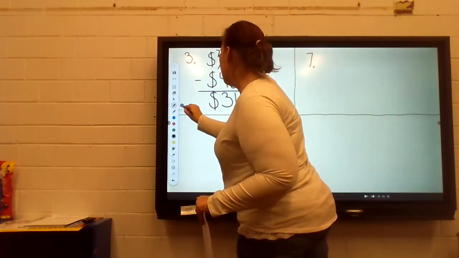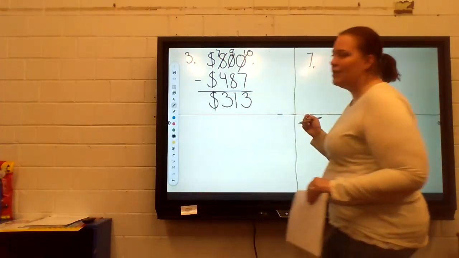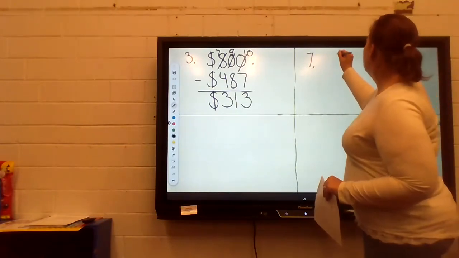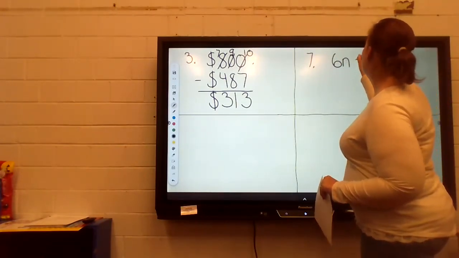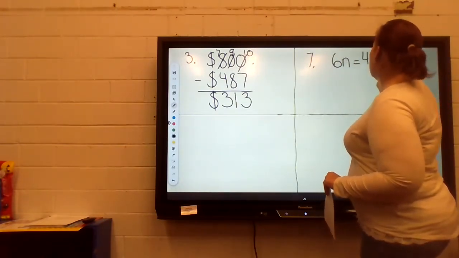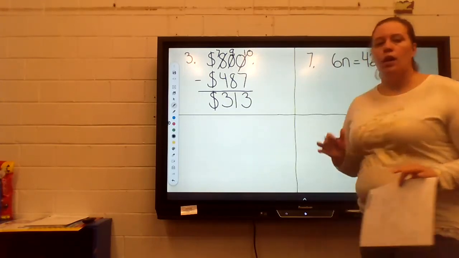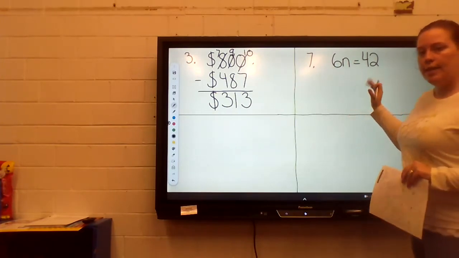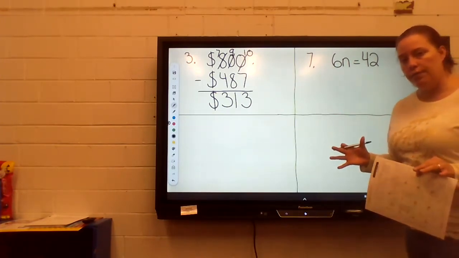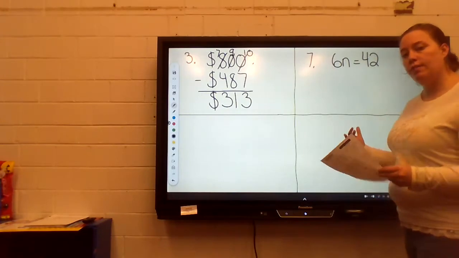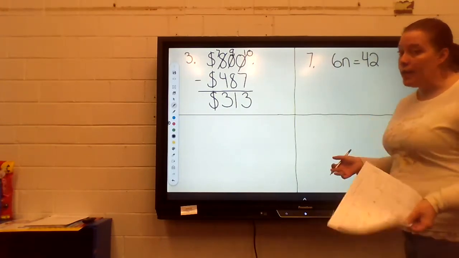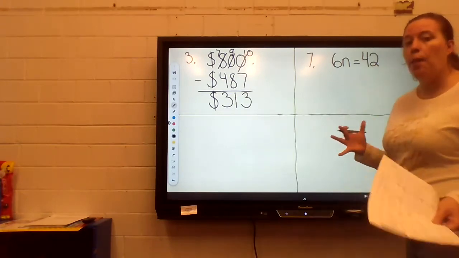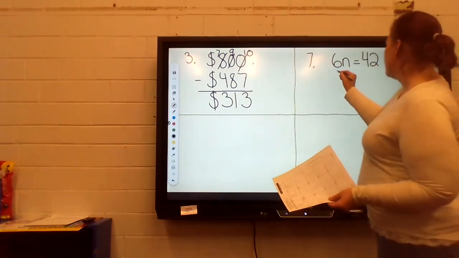So, continuing with lesson 21, on problem 7, I asked you to find 6n equals 42. So something times 6 equals 42. In order to find that, you have to divide by 6. You can't divide just one side by 6. You have to divide both sides by 6.